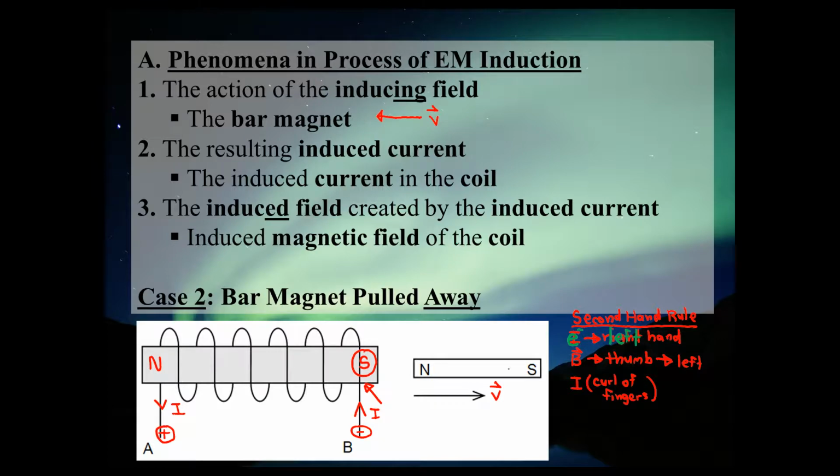So let's see what happens here. If I used my left hand with my thumb pointing towards the left, the curl of my fingers would be wrapping from behind. So where does the wire initially wrap from behind? Well, it wraps from behind at this side. So what that would tell me is the direction of electron flow is just in the reverse direction.